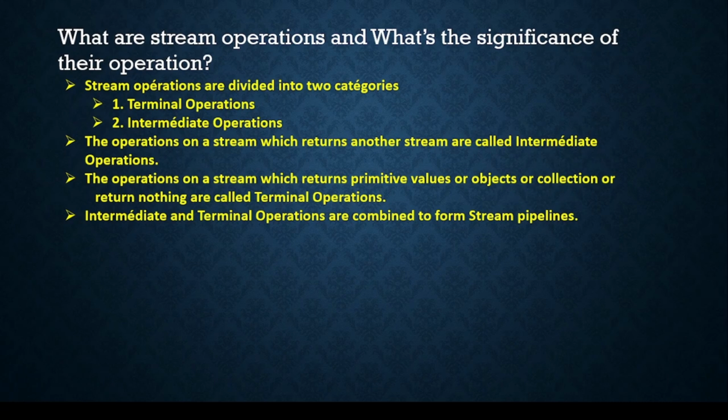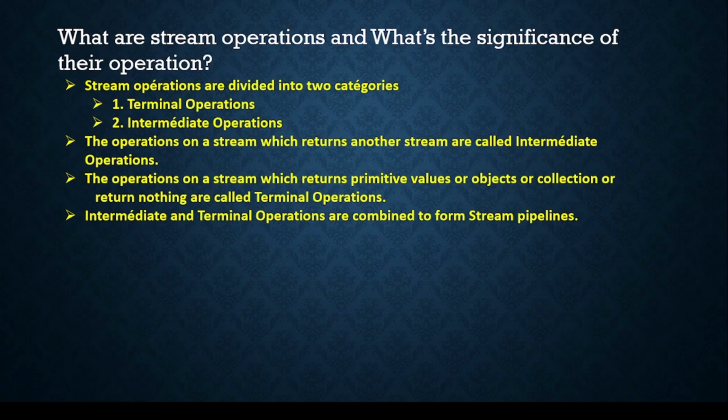What it will do, it is going to return another stream. On that, if we want, we can perform another intermediate operation, not the terminal operation. But whenever we are using collect, finally we are getting the terminal operation. We have provided the terminal operation, we got the result. So that is the terminal operation.